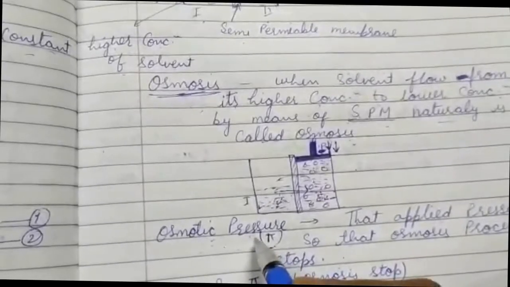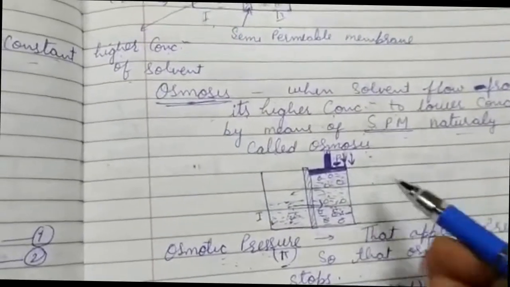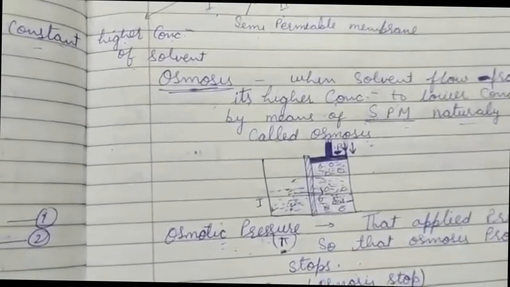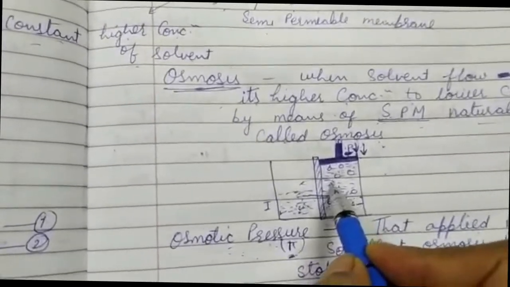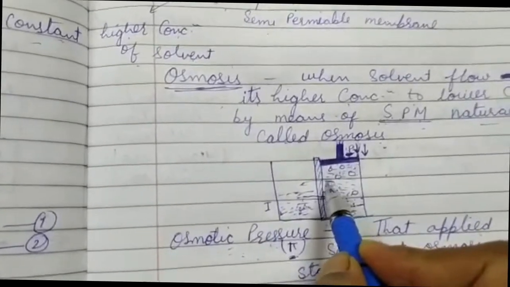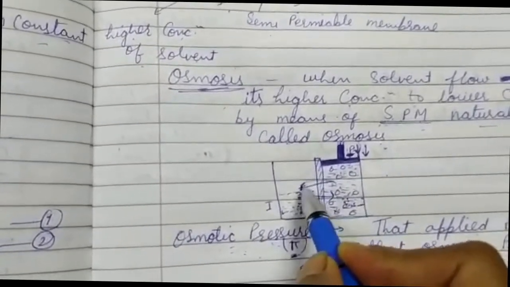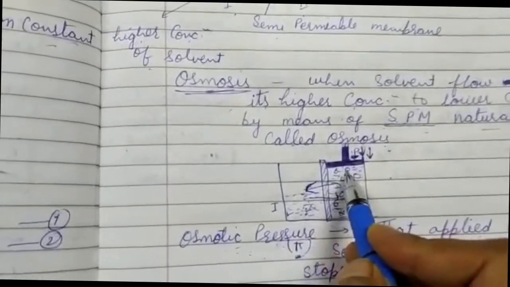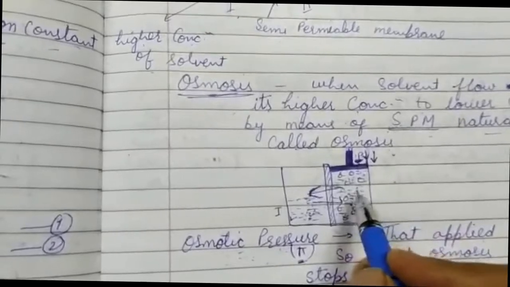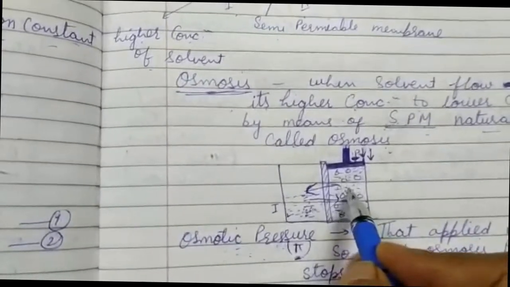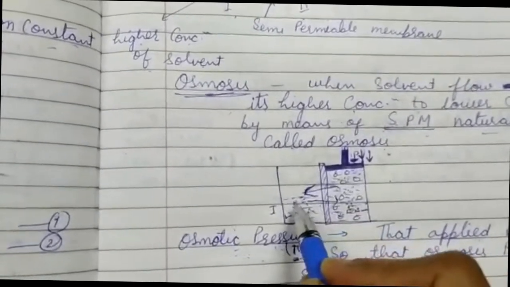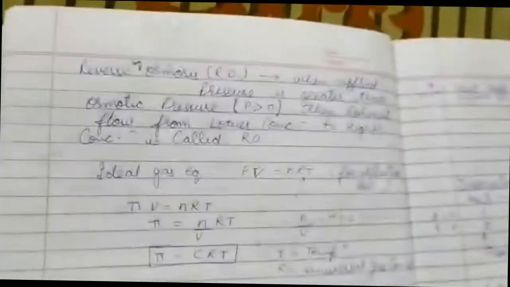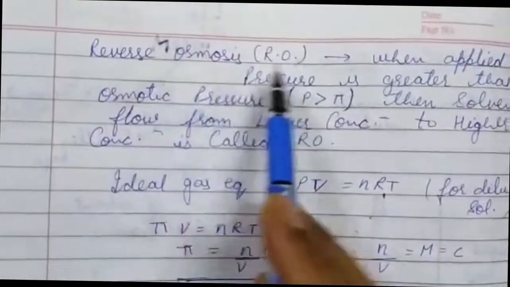Osmotic pressure we applied to stop the process of osmosis, but if we apply pressure more than this osmotic pressure, then the water from the impure side will start flowing to the pure side. Water will come this side.